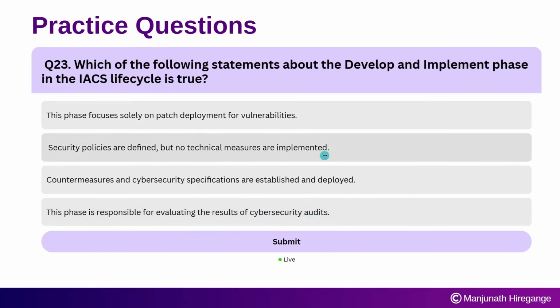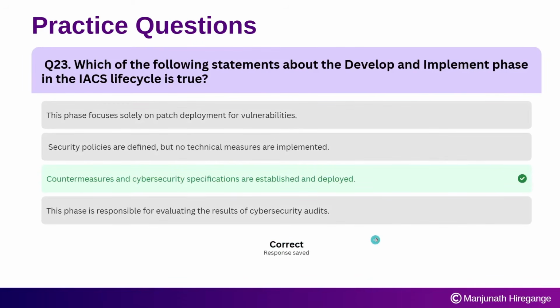So straight away you can eliminate two answers. So one is no technical measures are implemented, and the third one is cybersecurity audit. It is part of maintenance. So you are stuck with another two. So that is A and C. So the answer is countermeasure and cybersecurity specifications are established and deployed.